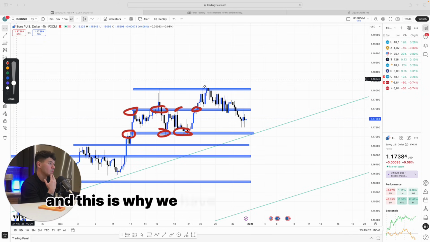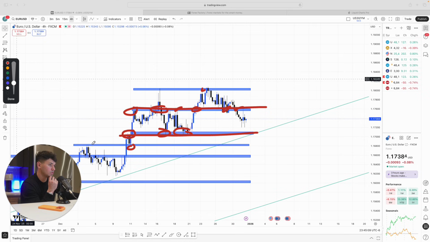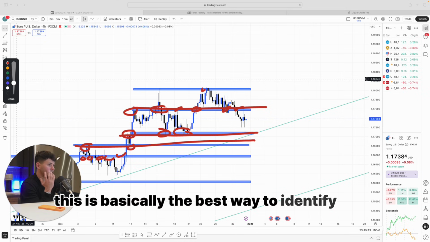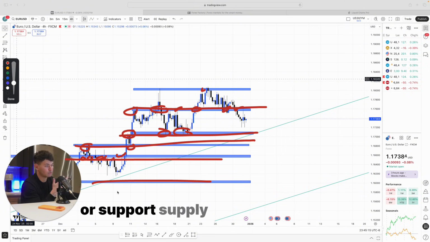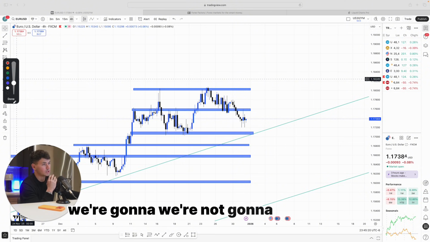This is why we have these areas of interest, because this is where the price is supporting. We have it here too, and here too. This is the best way to identify your areas of interest, or support, supply, demand, resistance. Everybody has a name for it. We're not going to go over that.